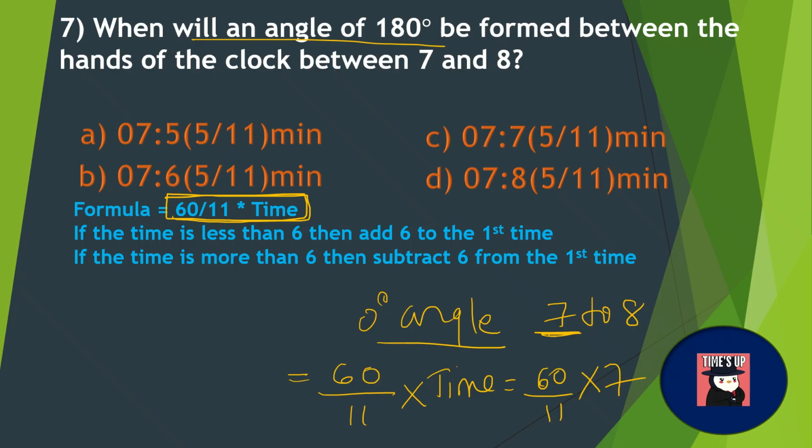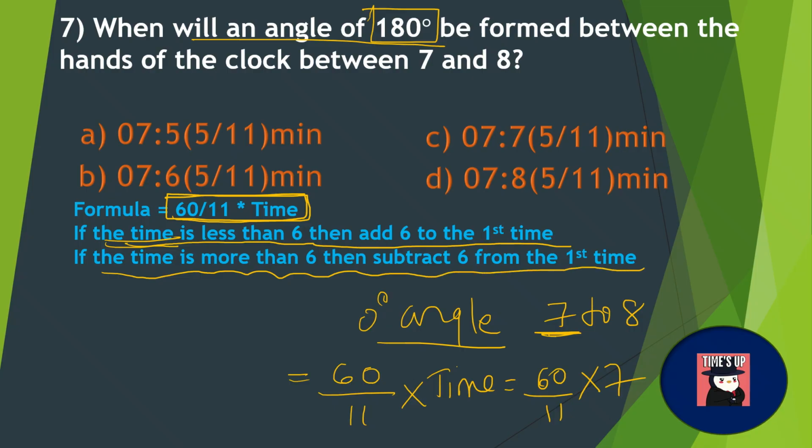But something else you need to remember here in case of 180 degrees. If the time is less than 6, then add 6 to the first time. If the time is more than 6, then subtract 6 from the first time. Understanding? You need to always focus on the first time.